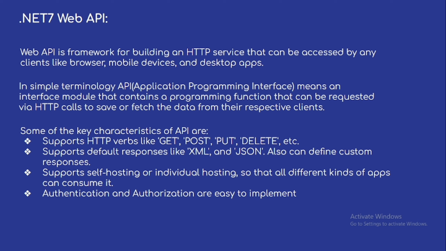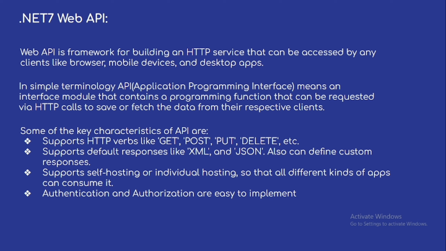Some of the key features of API are it supports HTTP verbs like get, post, put, delete. Get means fetching the data, post means posting the data, creating a new record, put means updating the existing record, delete means deleting the existing record at the server.